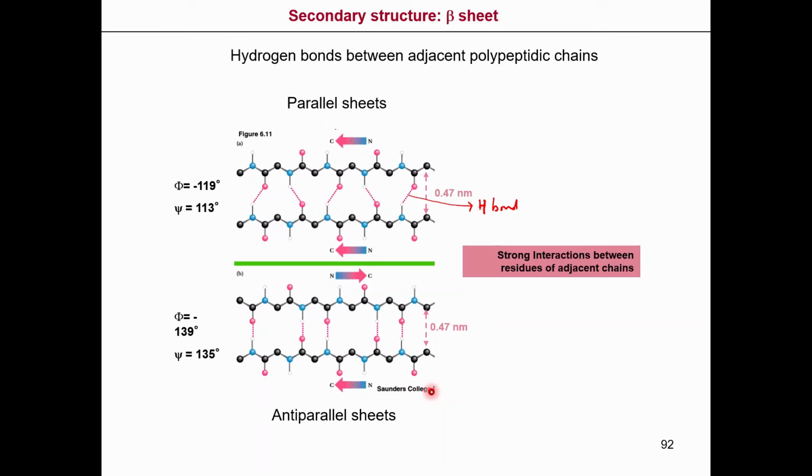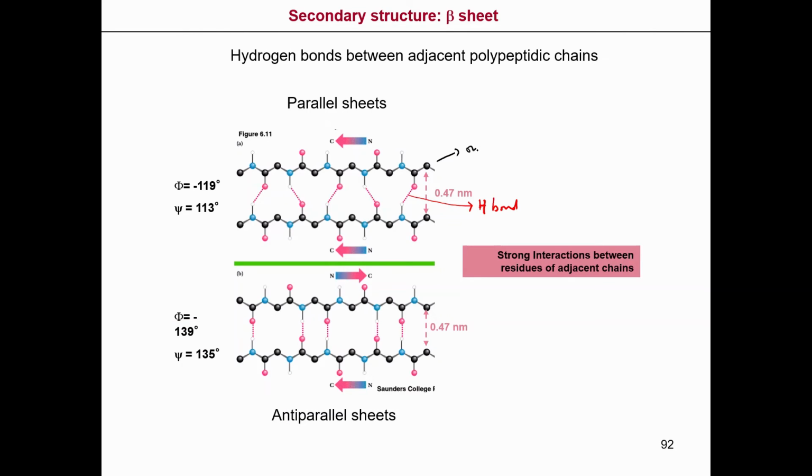Okay, so one polypeptide involved in a beta sheet, it's called a sheet. Oh, sorry.